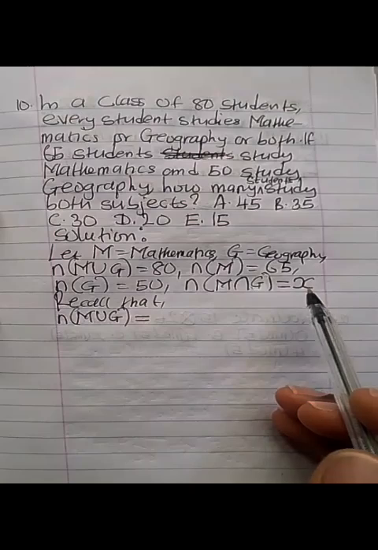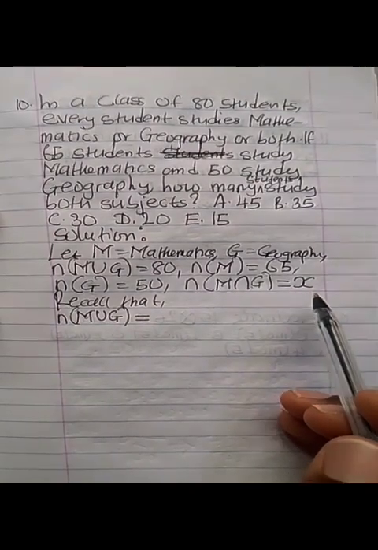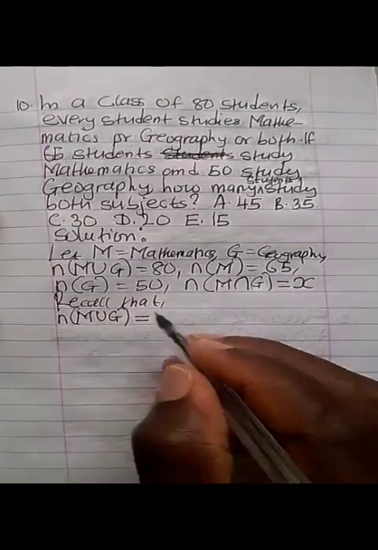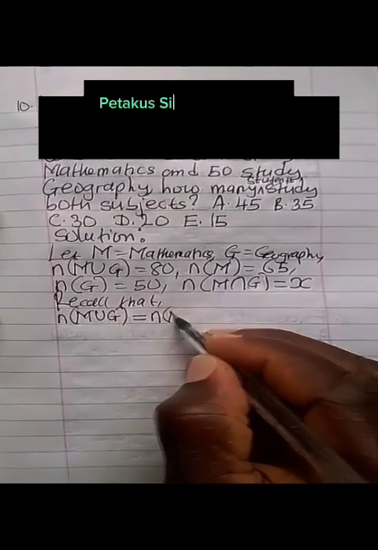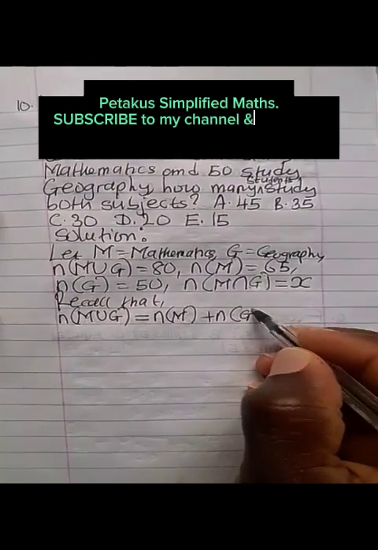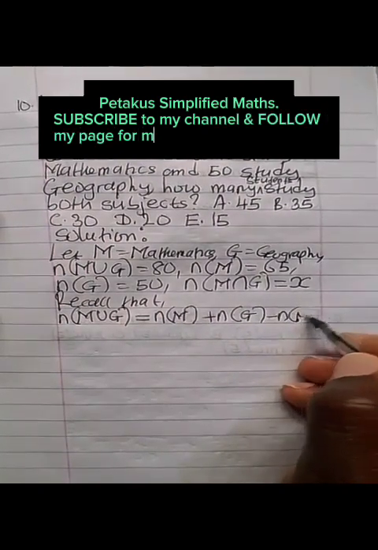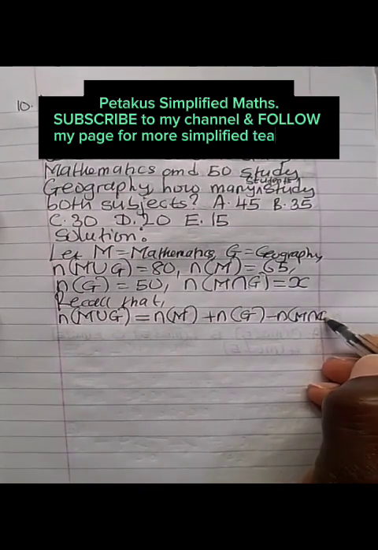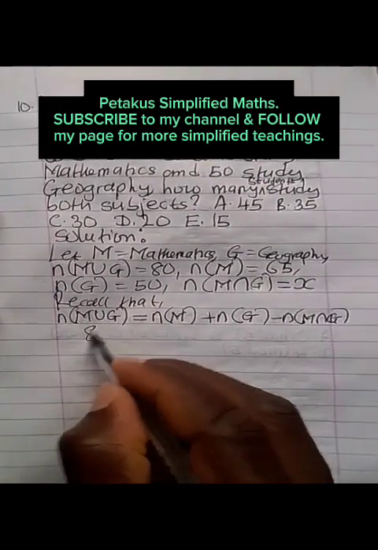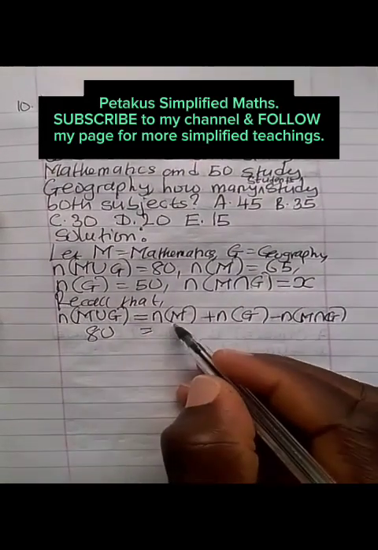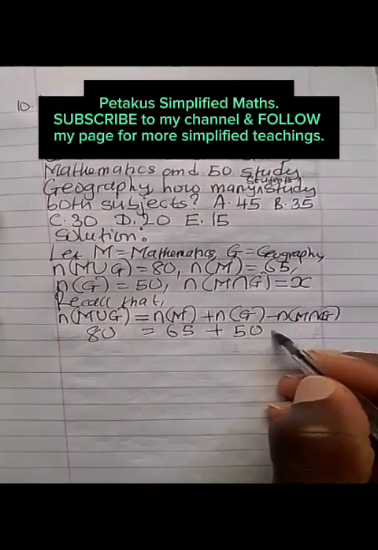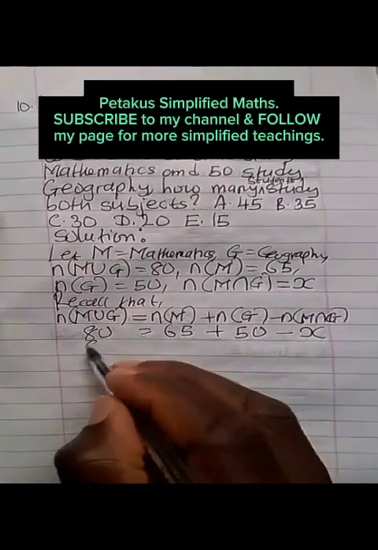We use S to represent that. Recall that M union G is equal to set M plus set G minus the intersection of the two sets. The union, we have 80, for M, 65, G is 50, minus S.